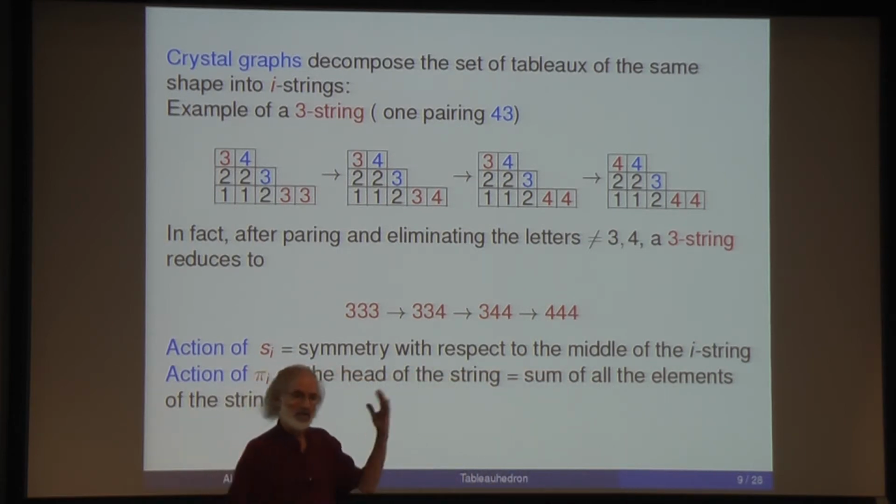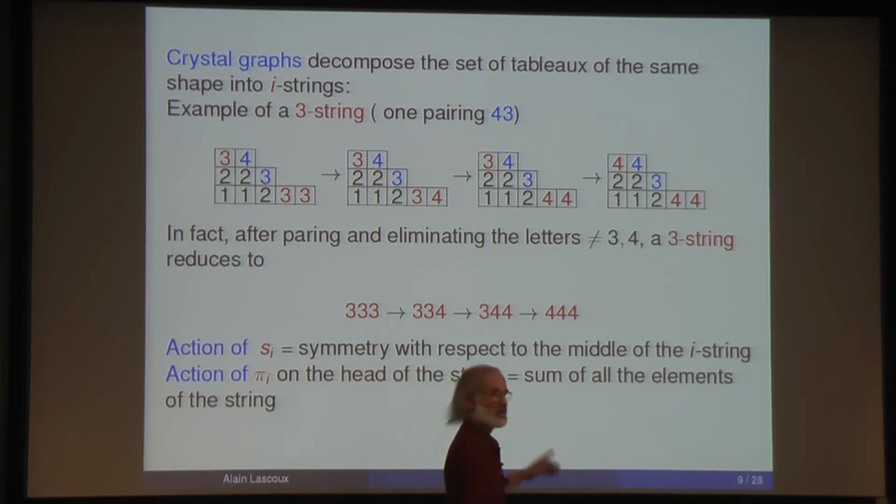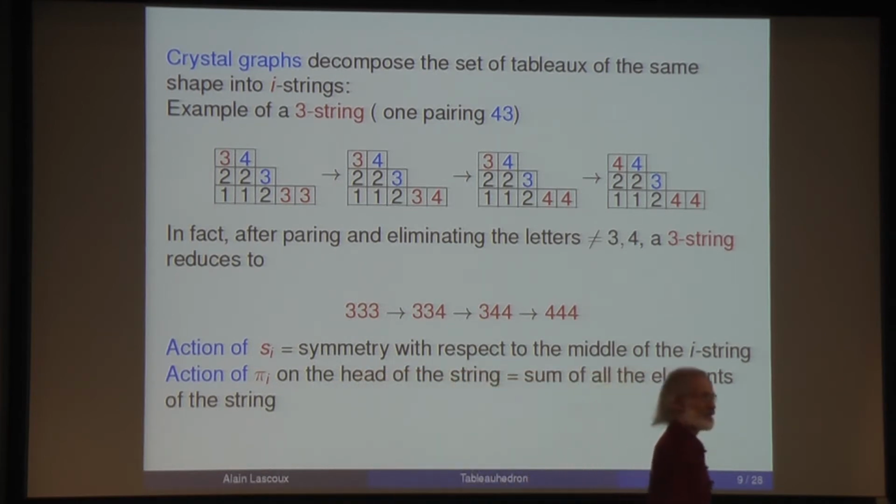This is a construction which, from Tableaux, gives you something in the commutative world, which is polynomial in 2 variables. The only requirement is that with polynomials in 2 variables, you always write the first letter before the second, that is, you write monomial xi to some power, xi plus 1 to some power. So strings are made for that.